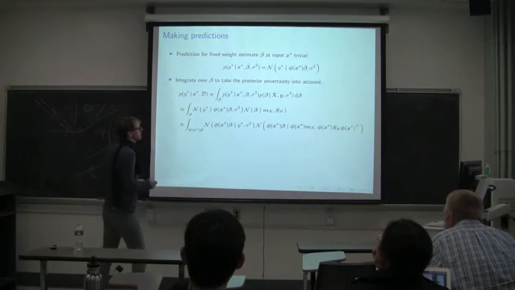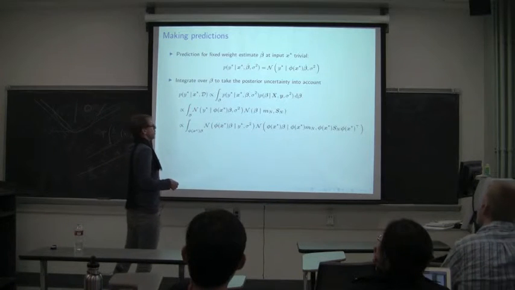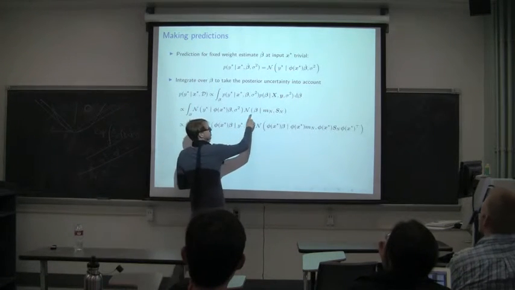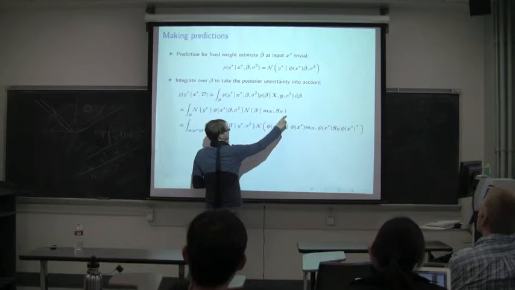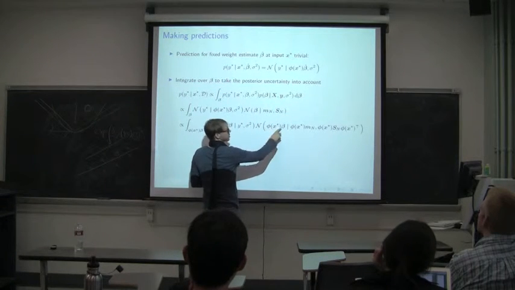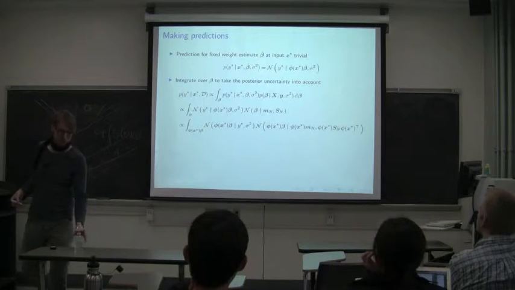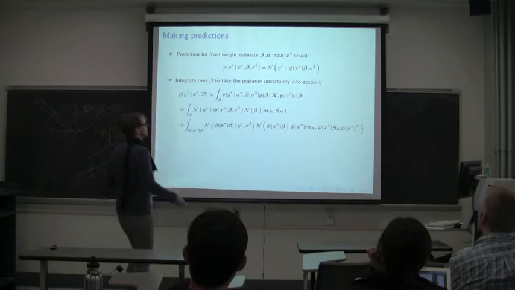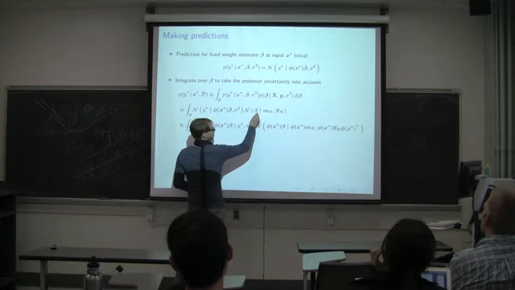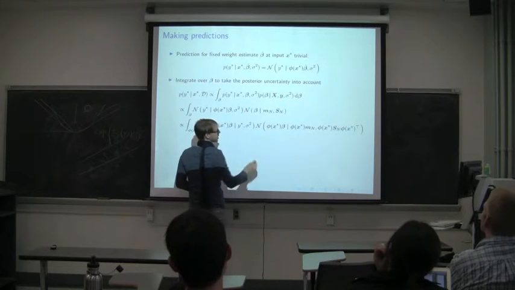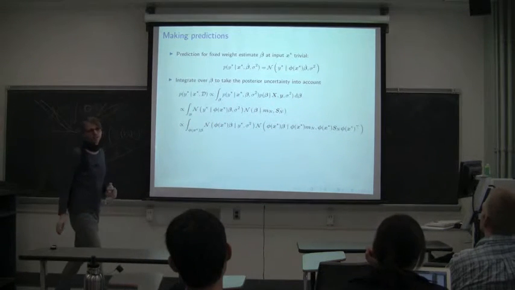The other thing we can do is this: if we have a distribution in beta, then we know what the distribution of x beta is, because it's a linear transformation of a Gaussian distribution. So we can replace this Gaussian distribution with this Gaussian distribution. The difference will only be a constant.